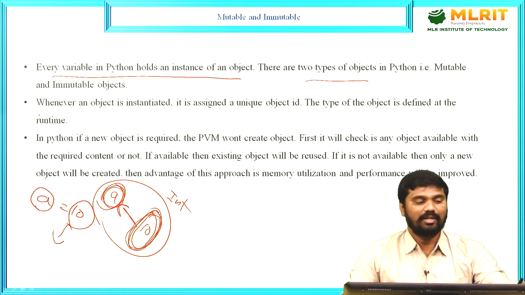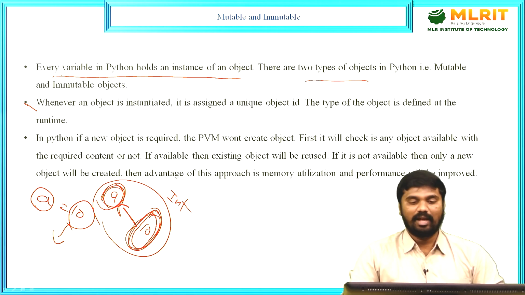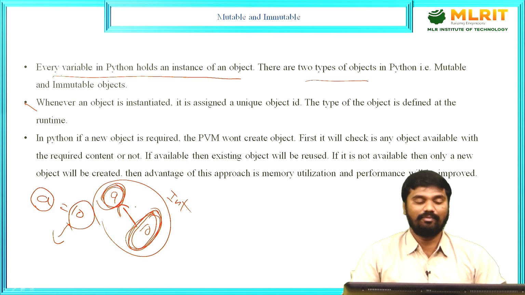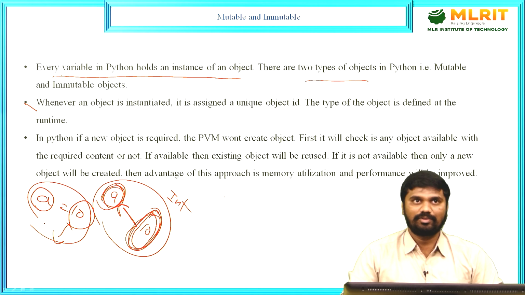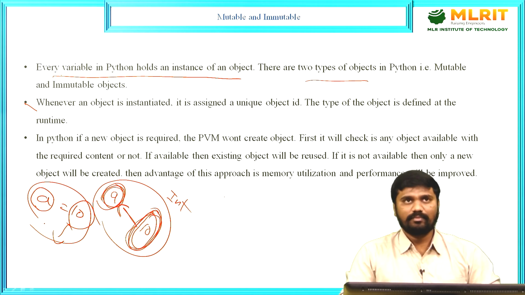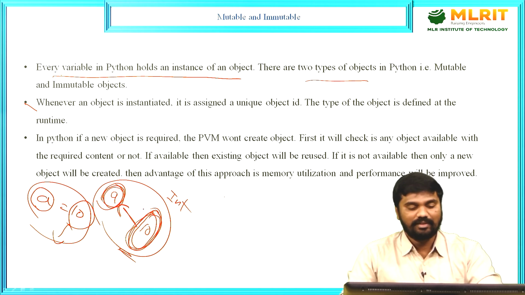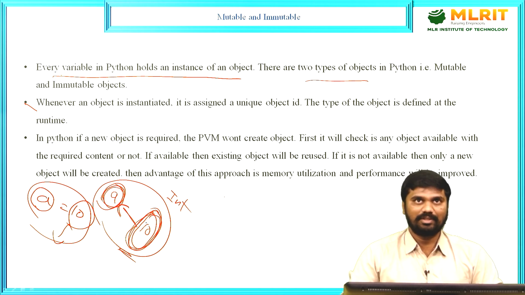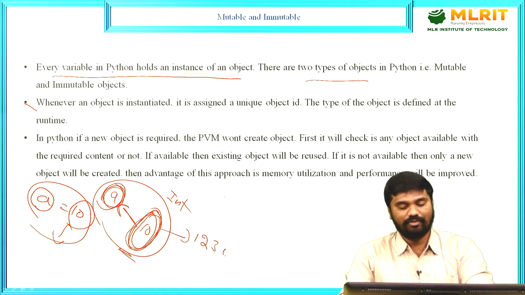Now, the next point is that whenever an object is created, the Python virtual machine assigns a unique object ID, which represents the memory address of that object. For example, when we define a equals to 10 and the object is created, the Python virtual machine assigns a unique ID to it, like 1, 2, 3, 4, 5, 6, 7.